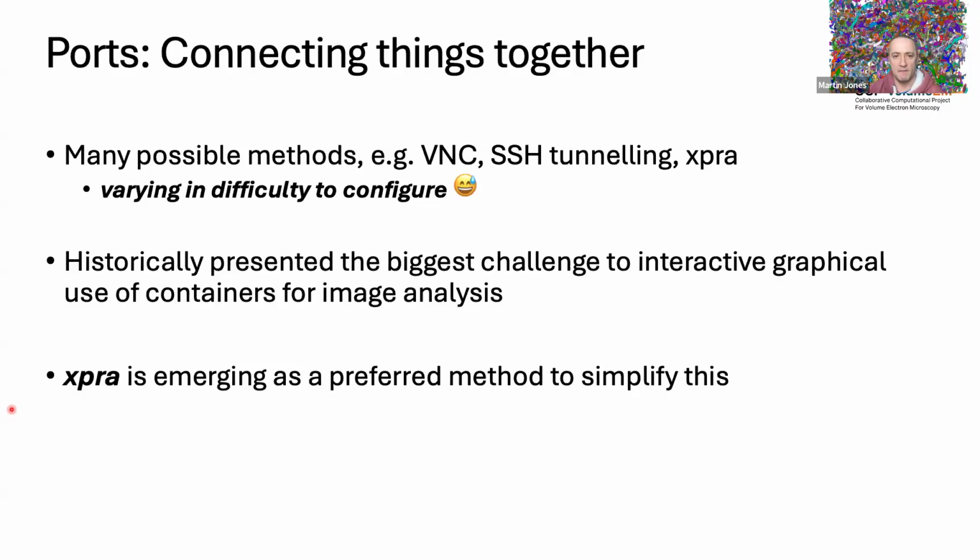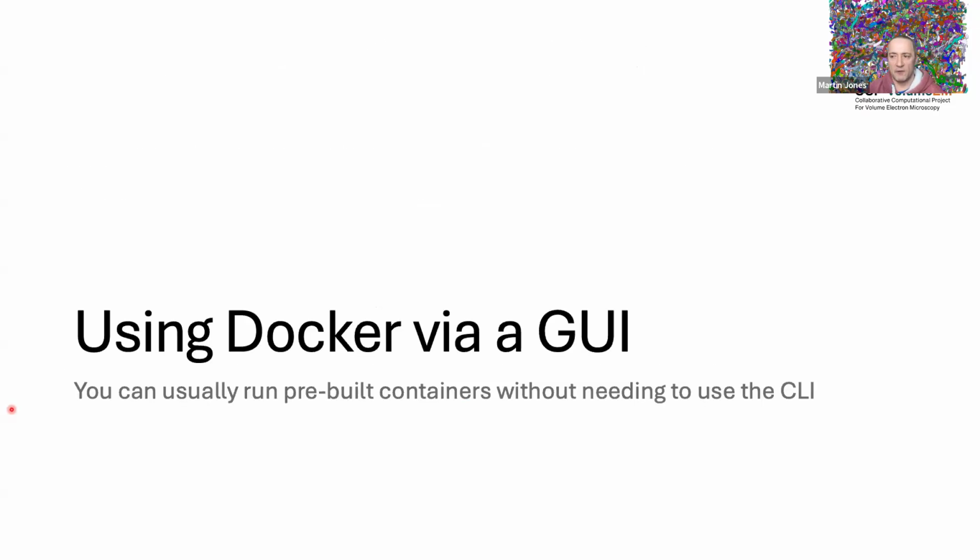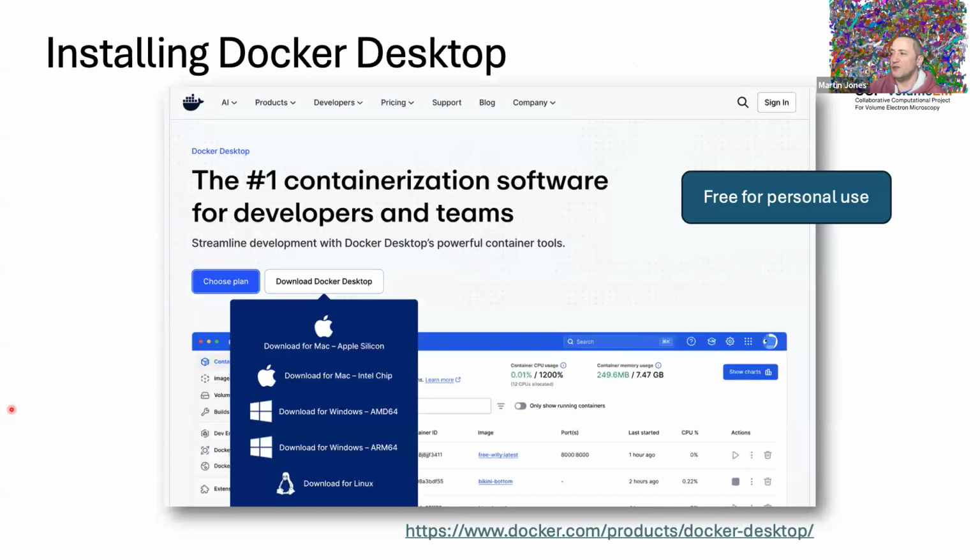But next, I'm gonna talk about how to use Docker without having to get your hands dirty with command line, or at least too much. So Docker has this nice bundle called Docker Desktop, and you can install this. It's free for personal use, and it actually seems to be a pretty decent range of functionalities for personal use.